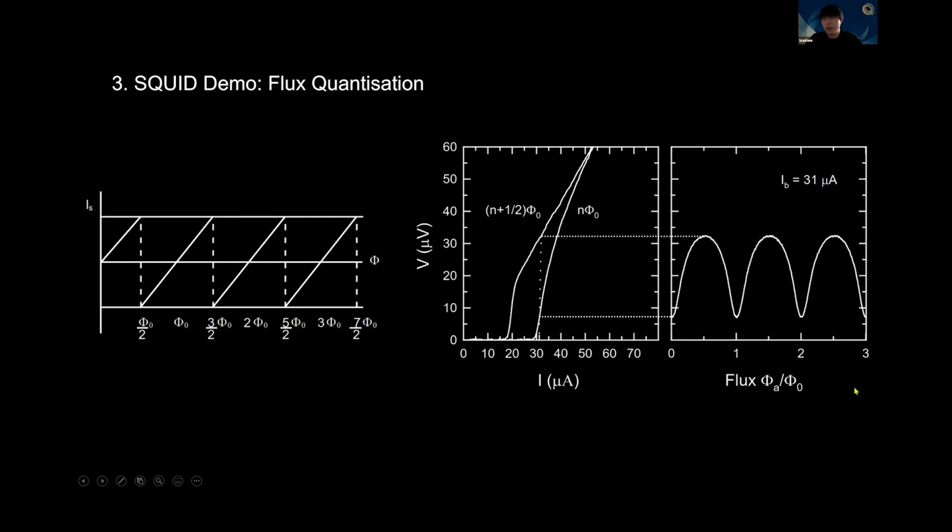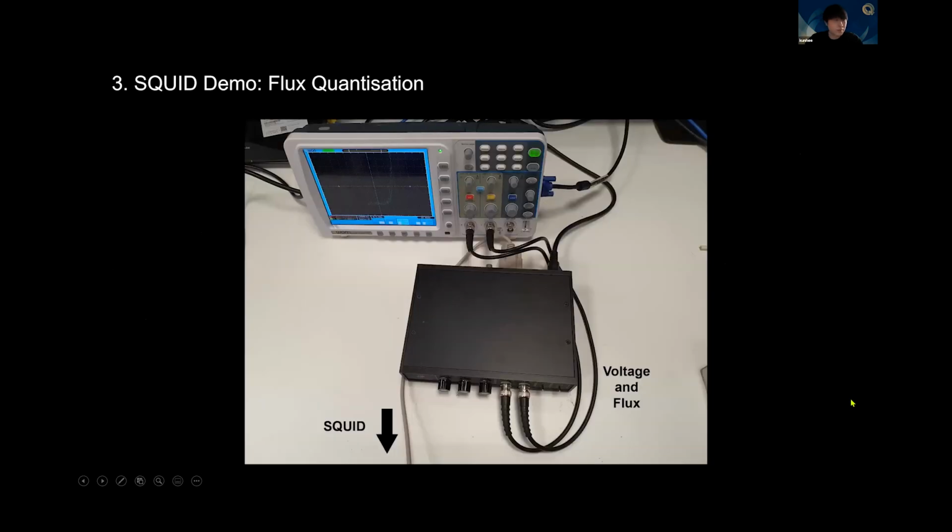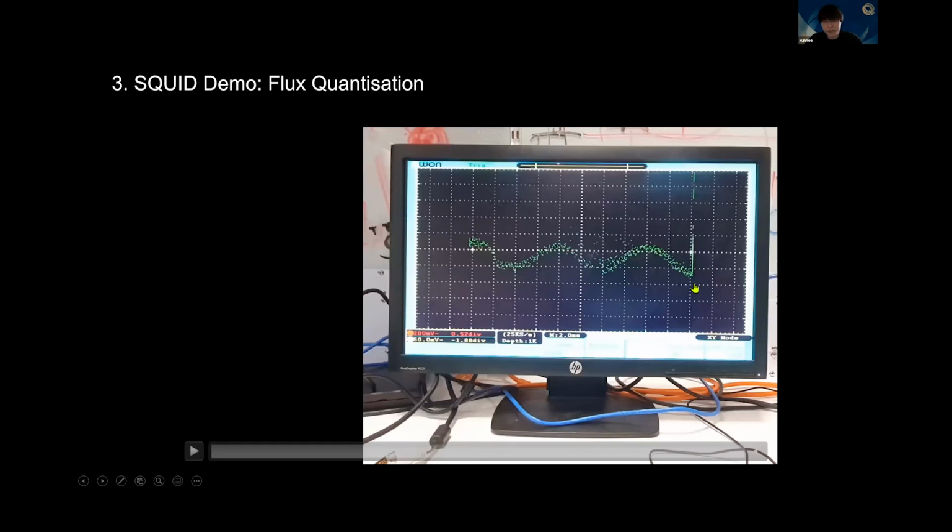So in the experiment, but before that, let me go through the setup. It has the identical setup, except we're putting in voltage and flux instead of voltage and current. So that's what we see here: the y-axis is voltage and the x-axis is flux.